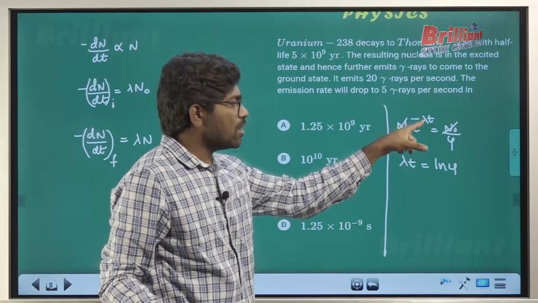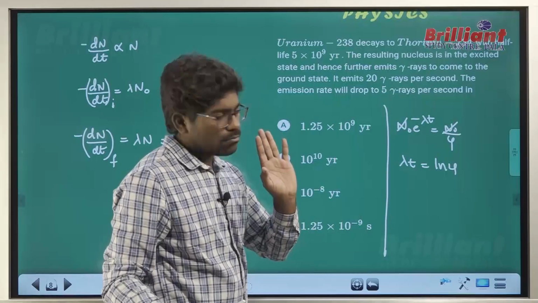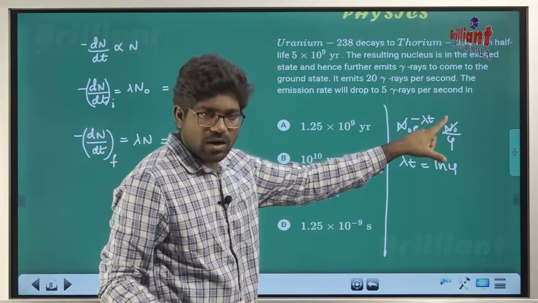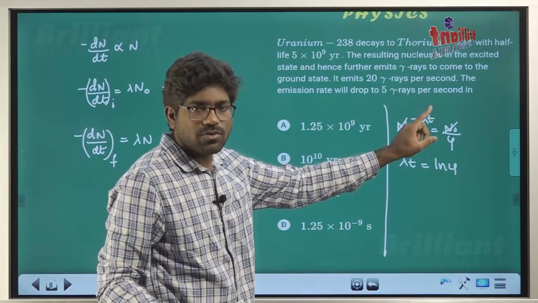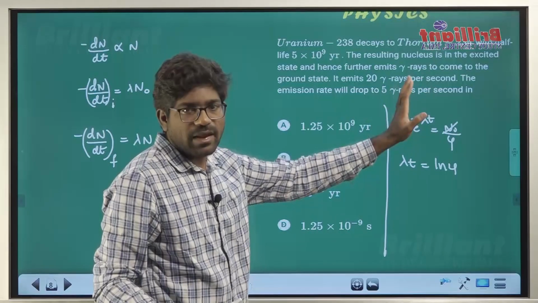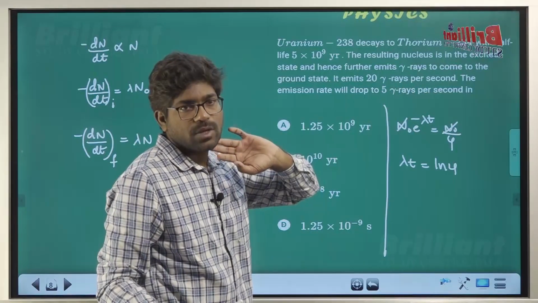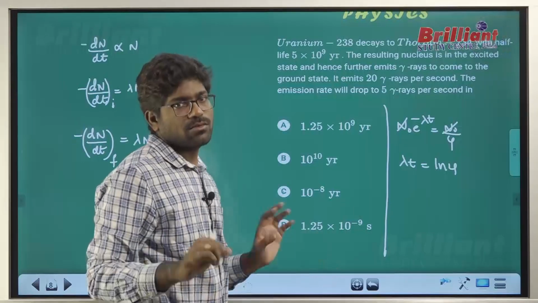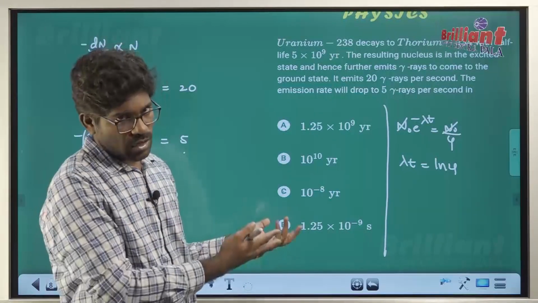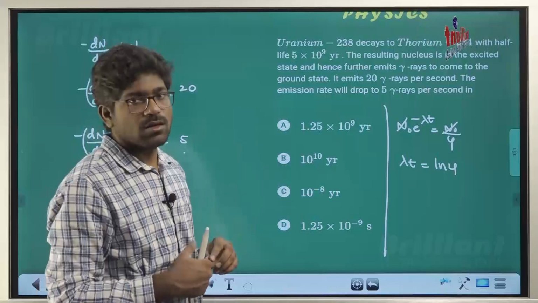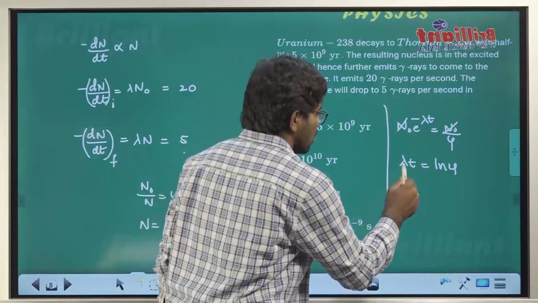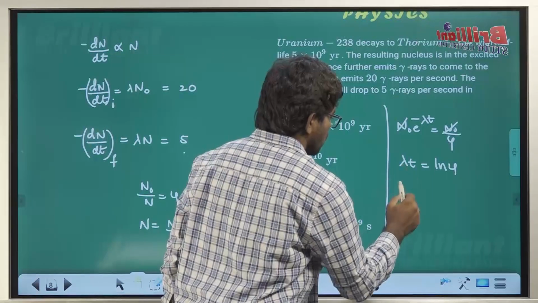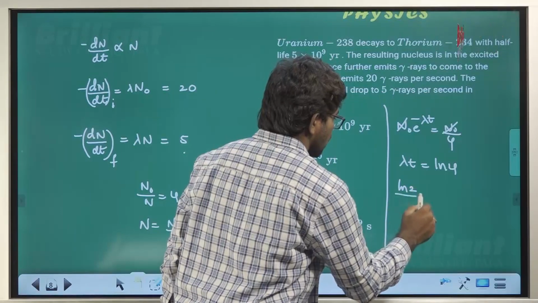E power minus lambda t becomes minus lambda t. Then ln 1 by 4 becomes minus ln 4. Then minus minus is gone, so lambda t equals ln 4. Yes or no? You can do it step by step if you want. Then lambda is what? ln 2 by t half.